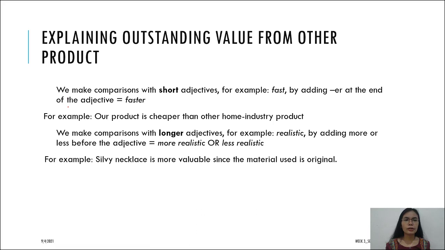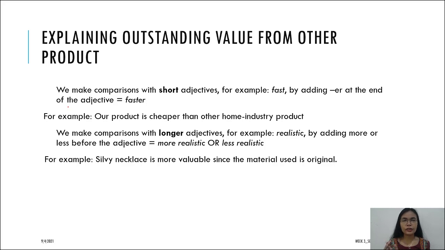Alright, so now we will talk about explaining the outstanding value from other products. When you are talking about outstanding value from other products, that means you're actually comparing it to the other product. So when you are using comparisons with other products, we can use the degrees of comparison, probably using the comparative degree.